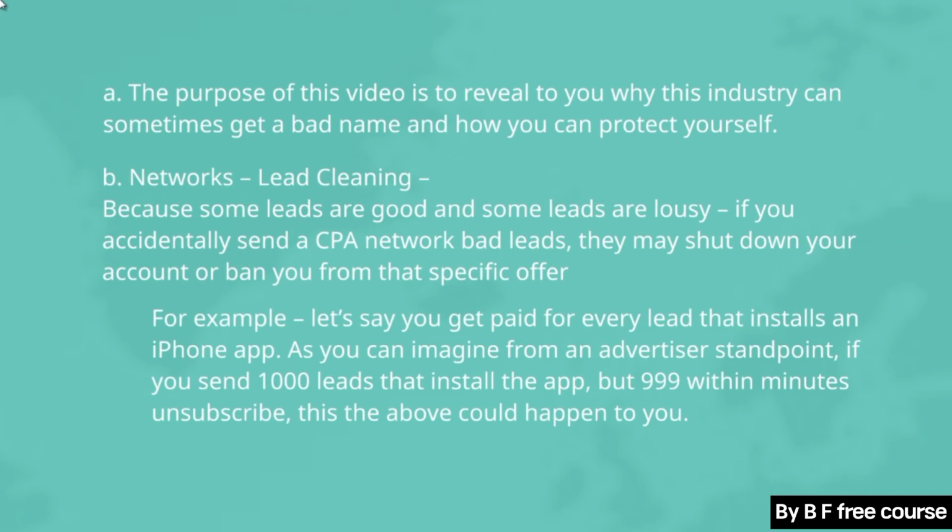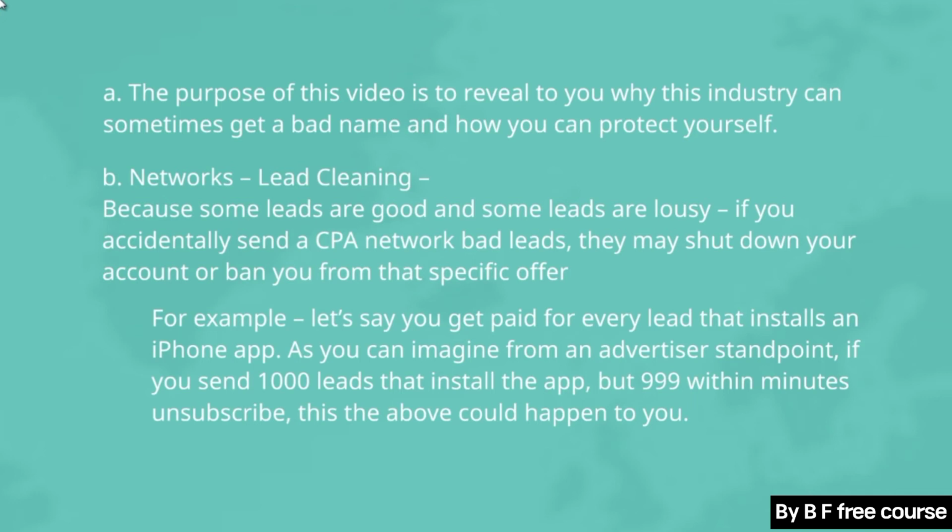So, for example, let's say that you get paid for every single lead that installs an iPhone app. As you can imagine, from an advertiser standpoint, if you were to send 1,000 leads to install that app, but 999 people within minutes uninstall that app, that's going to look a little bit suspicious.